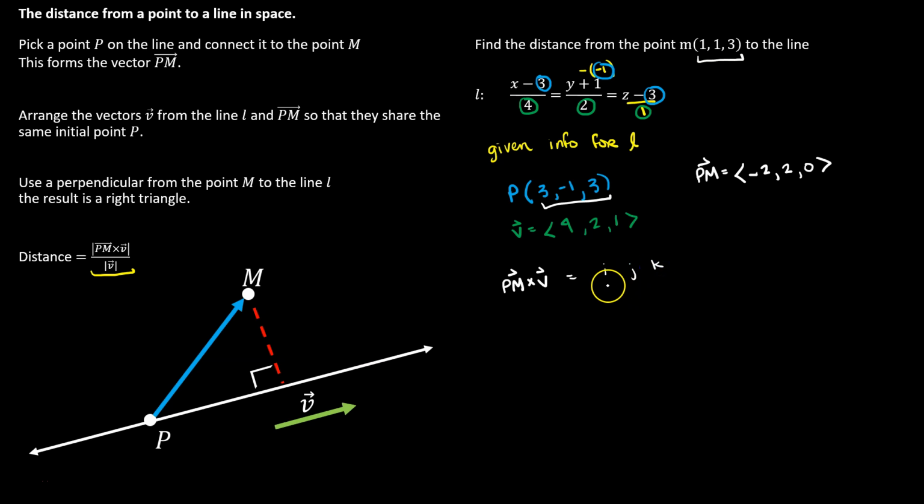Set up our 3 by 3 determinant matrix with PM in the middle row, V in the bottom row, and then we'll go ahead and evaluate that.